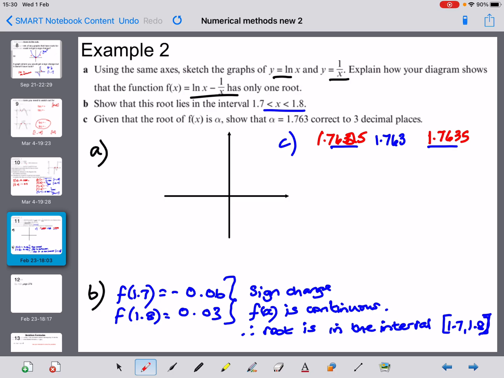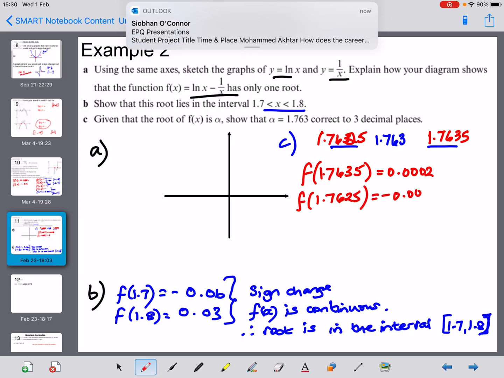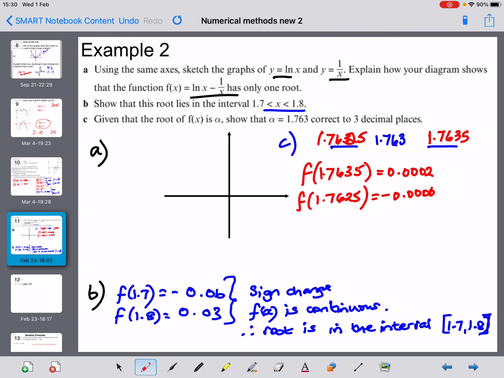So if we do f of 1.7635, I get 0.0002, and f of 1.7625 is negative 0.0006.